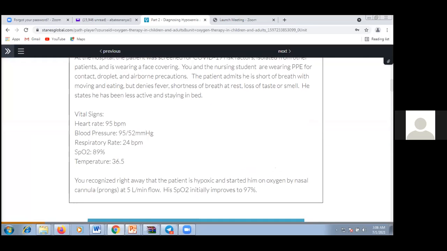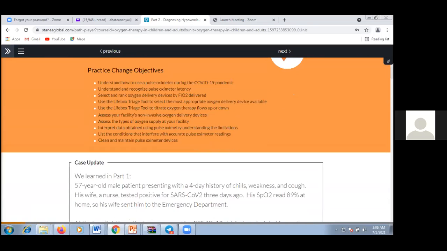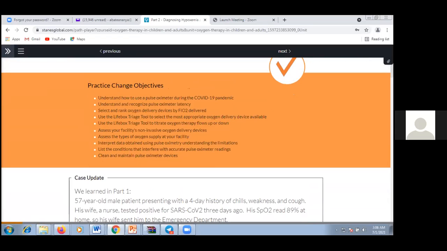So what is today's practice change objective? You can see it on the orange background. By the end of the session, we'll be able to understand how to use pulse oximetry during the COVID-19 pandemic.